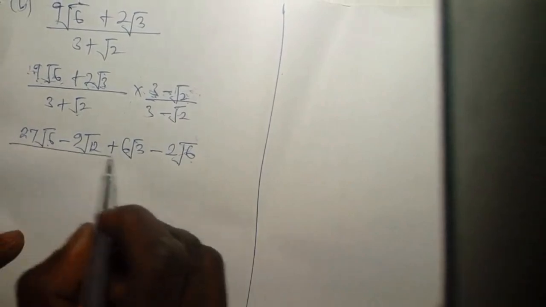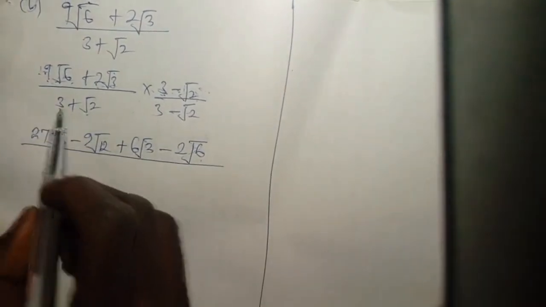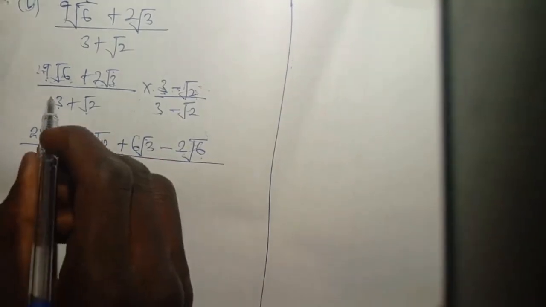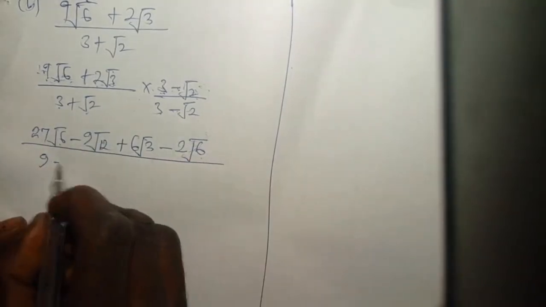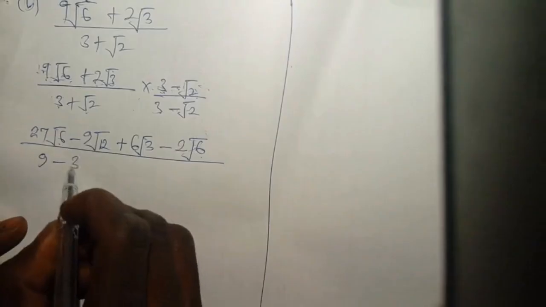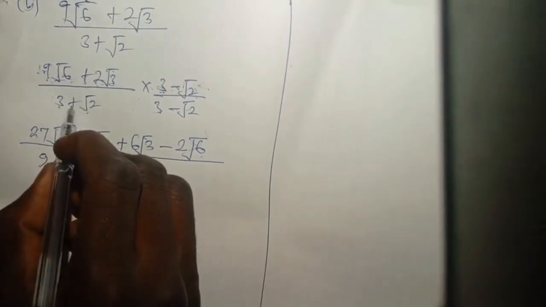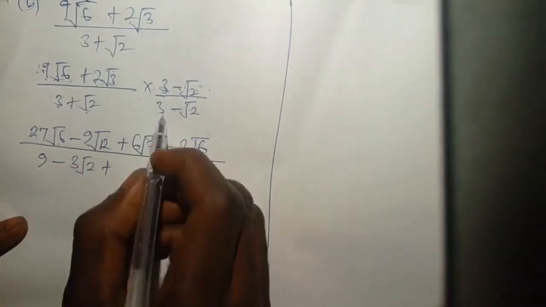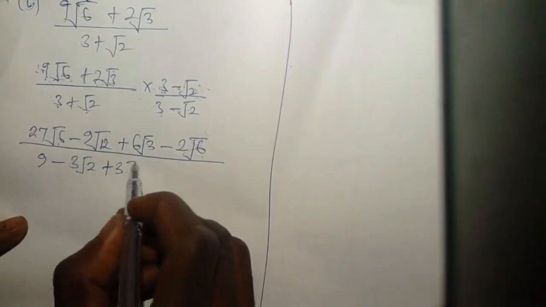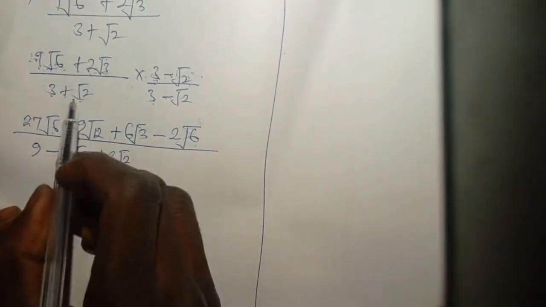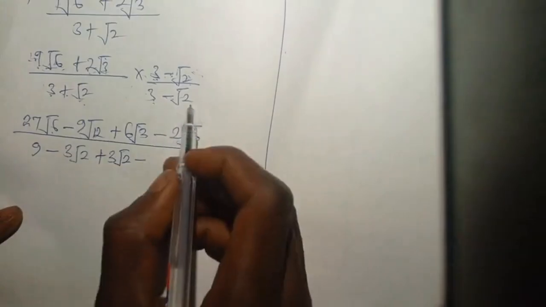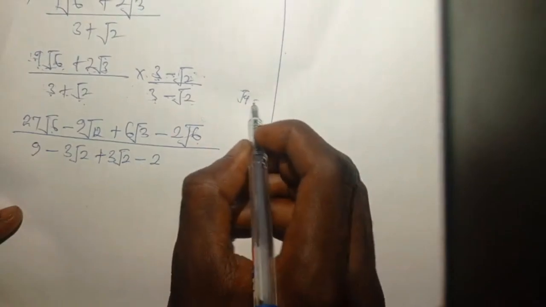Now the denominator, 3 times 3 will give us 9. Plus times minus is minus 3 times root 2, which is 3 root 2. And plus times plus is plus root 2 times 3, which is 3 root 2. And plus times minus is going to give us minus root 2 times 2, which is root 4, and root 4 is 2.